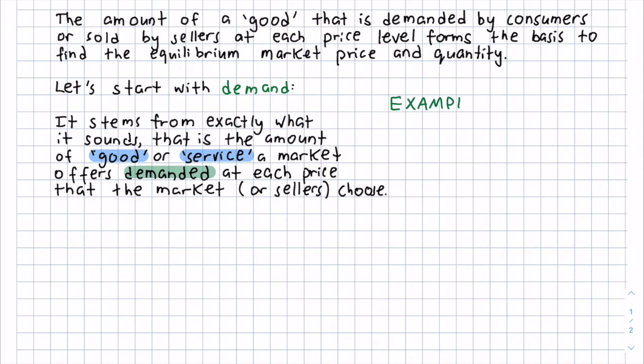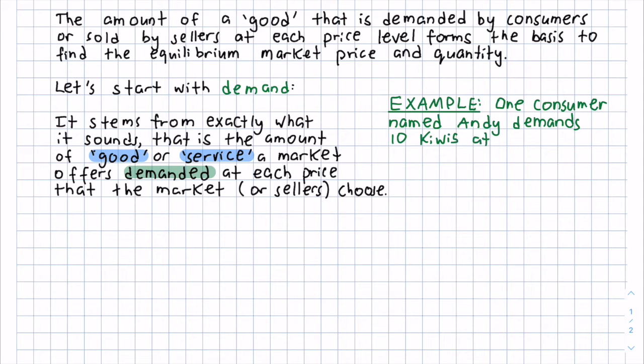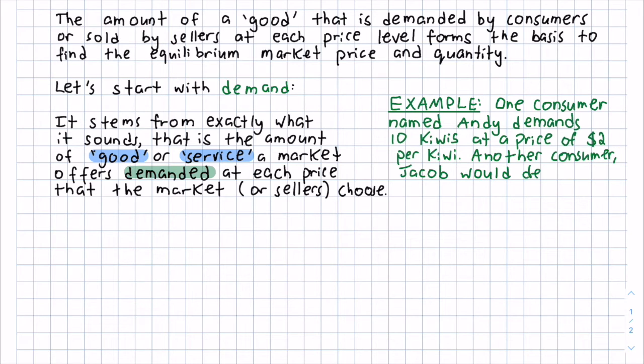As an example, I've chosen a consumer here. His name is Andy, and another named Jacob. Andy demands 10 kiwis at a price of $2 per kiwi. So the sellers are offering it at $2 per kiwi. Another consumer, Jacob, would demand only 2 kiwis at a price of $2, and this shows the willingness to pay of both consumers.